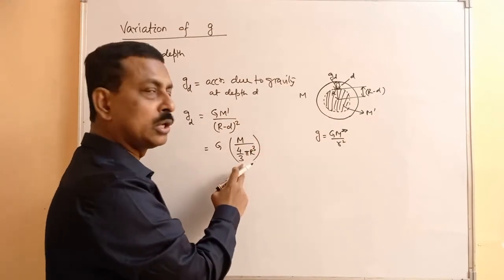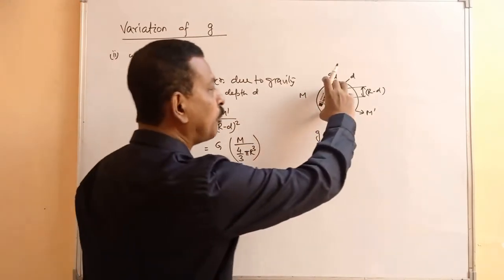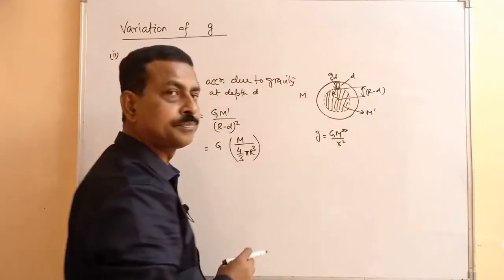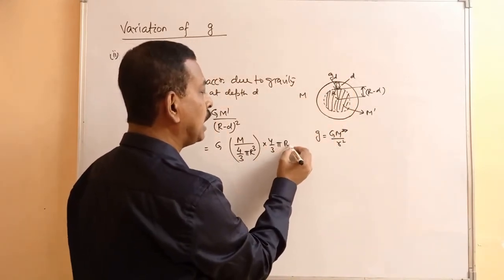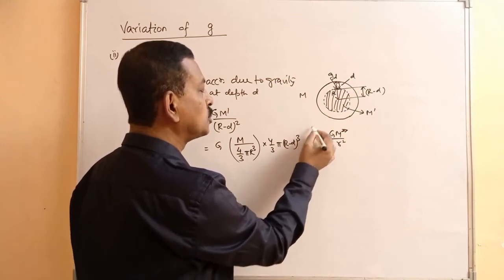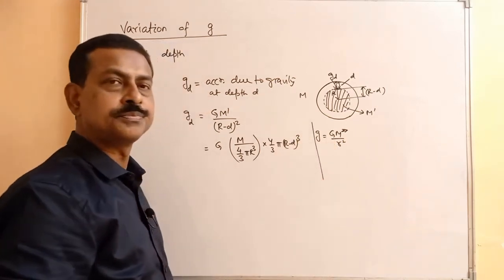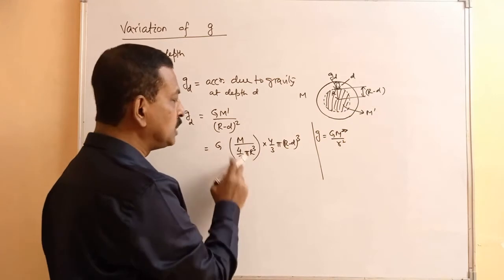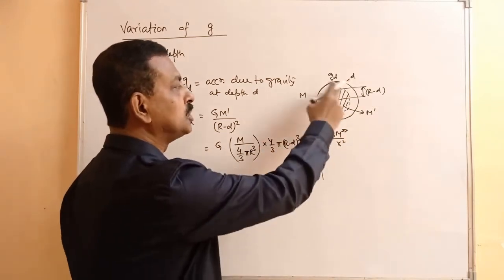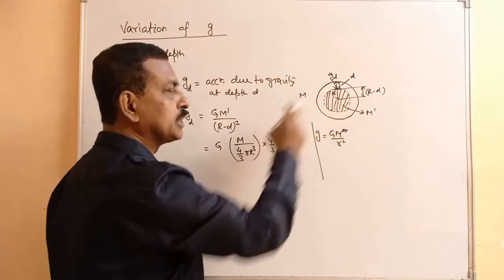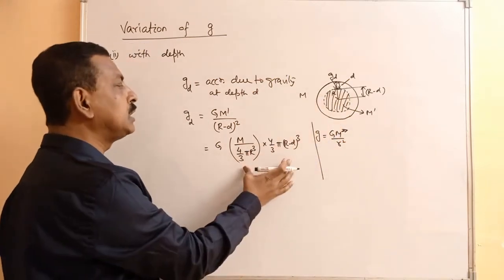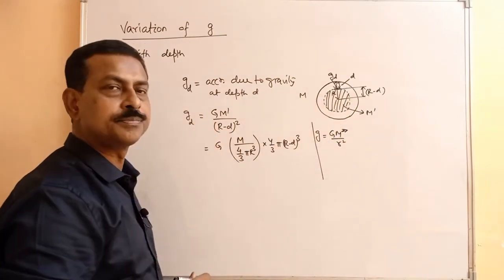How much will be the volume of this inner sphere? That equals 4 by 3 pi (r minus d) whole cube. So mass per unit volume multiplied by the volume of this inner sphere will give you the mass of the inner sphere, that is the effective mass m dash.